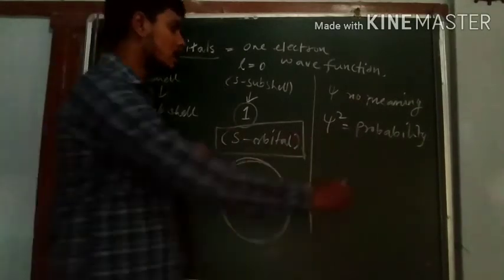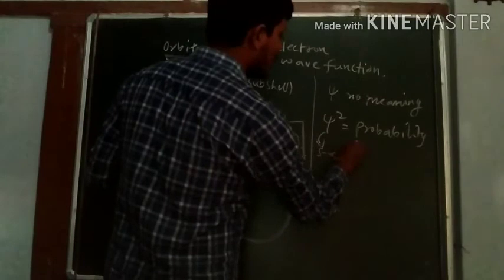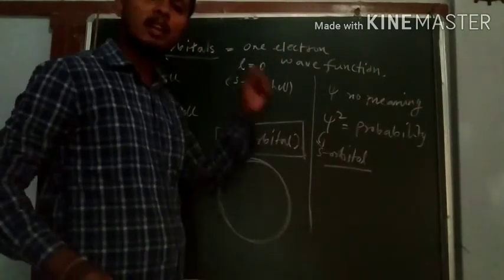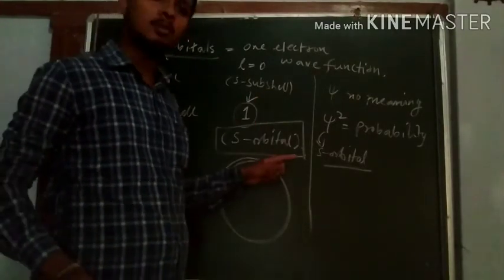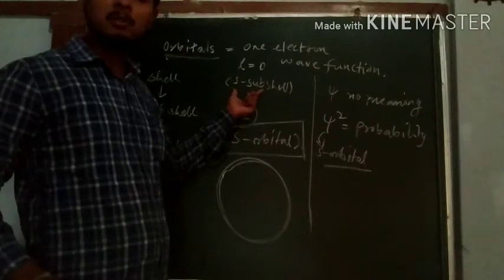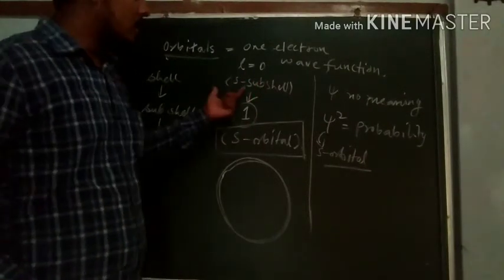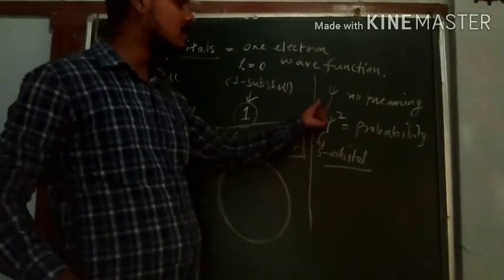If I plot psi square for s orbital, first what I do is I solve the Schrodinger wave equation. Schrodinger wave equation to moi L equals to 0. That means I solve the Schrodinger wave equation for s subshell. Okay, I get the psi for s.